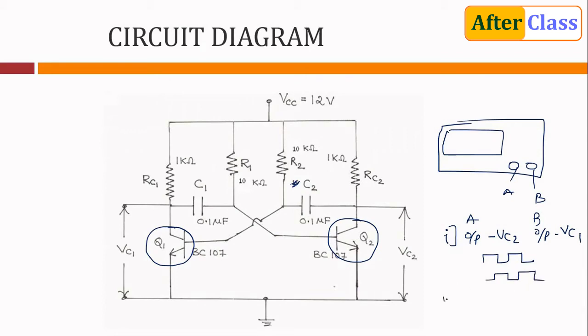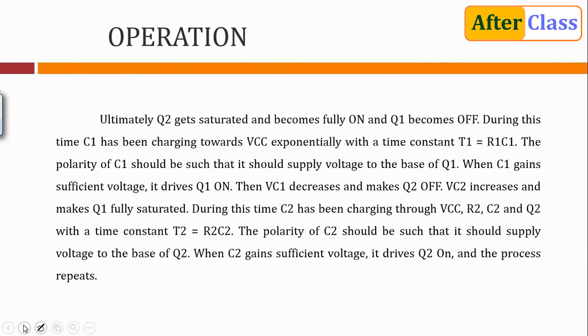And the second case: channel A you connect to the output, say VC2, and channel B you connect to the input terminal VB2. So you connect CRO channel B at the base terminal and CRO channel A at the collector terminal. You are going to get separate waveforms.